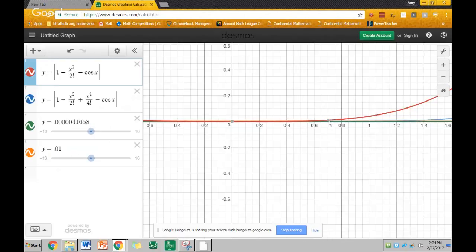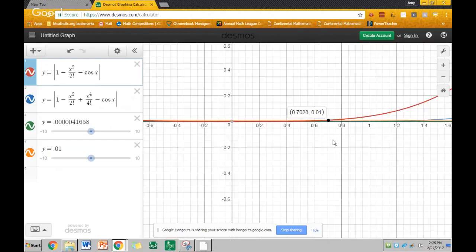So I can use two terms and be accurate to 0.01 until I get to 0.7028. Yes, ma'am. What does the 0.7 represent? I can be as far away from 0 as 0.7028 and the error be less than 0.01. You see?